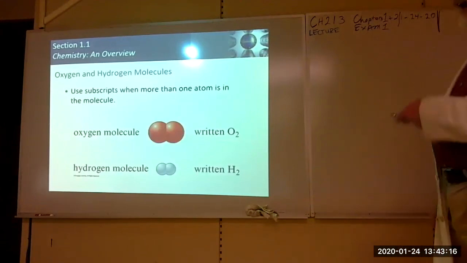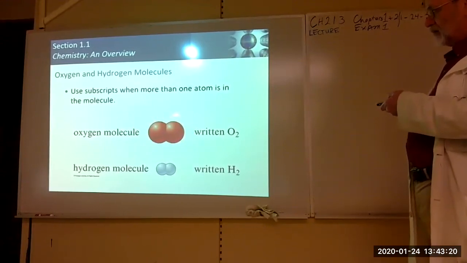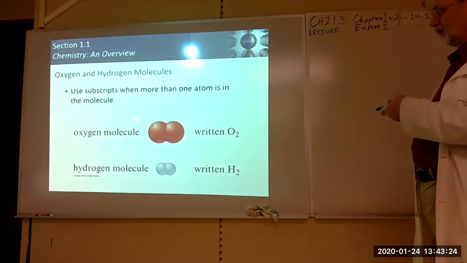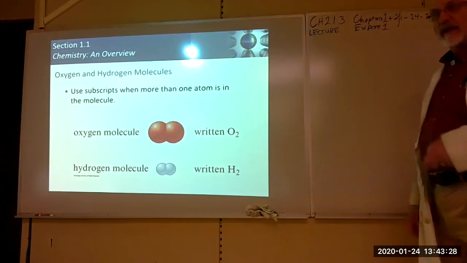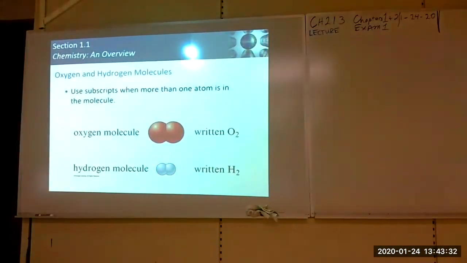So here's the way we write elements that behave in molecular form, like this. These are called diatomic elements. And on your periodic chart, the one with the red boxes and the blue and so forth, the ones that are diatomic at room temperature and pressure are identified with blue boxes.